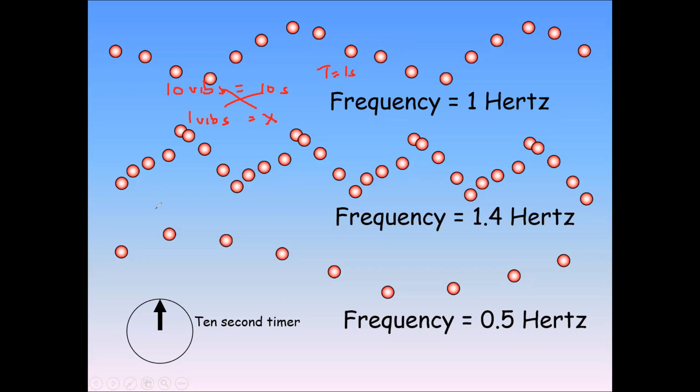What about the second one? It underwent 14 vibrations in 10 seconds. So one vibration will take x seconds. Cross multiply. So it will be the total time divided by the number of vibrations. So it will be 10 divided by 14.